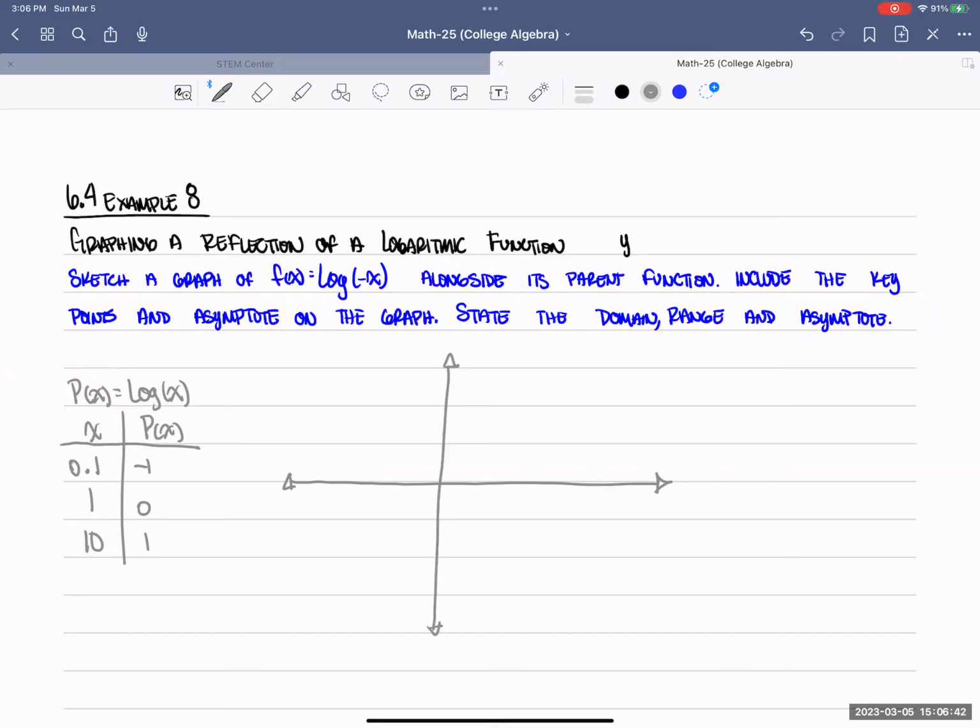All right, so from here, we're inputting 10. Let's shift this over. Make it a little bit easier for us to graph. So when we input 10, 1, 2, 3, 4, 5, 6, 7, 8, 9, 10.